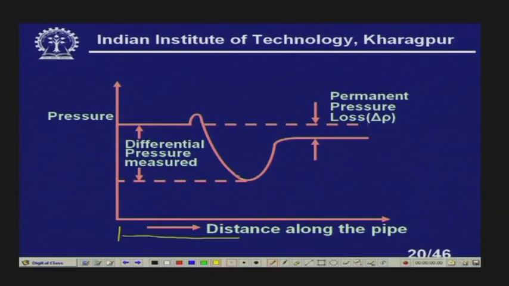But this should not be permanent. That is the problem with the orifice meter. There is a permanent pressure loss that will never recover. So, I need extra pumping energy to overcome this pressure loss, right. This is most important. You see this is a temporary pressure loss, and we are measuring at this point preferably, and then there is a permanent pressure loss, right.